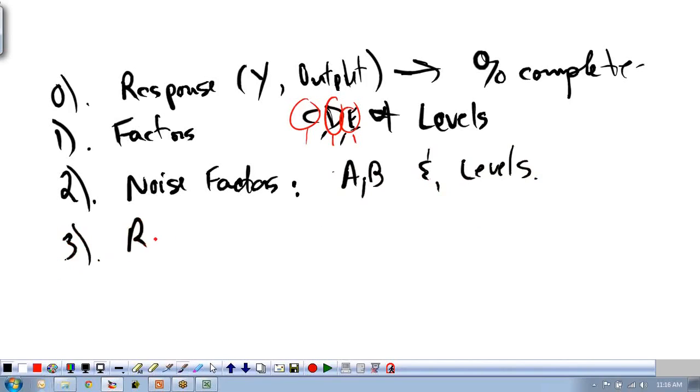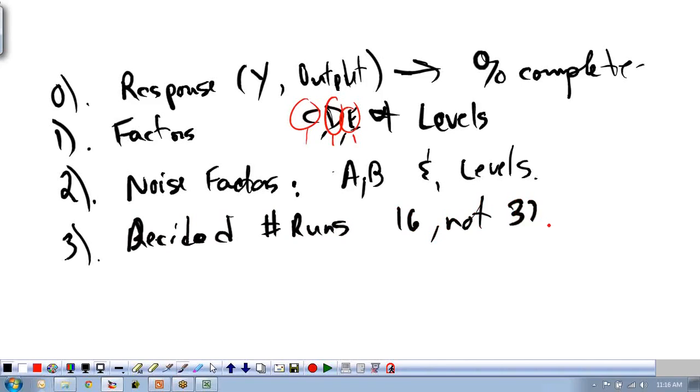Then we ran the experiment. We decided the number of runs. Remember we said 16, not 32. Why not 32? Well, because we thought we could save some money by running 16. I'll show you what our thinking is as we go through a little bit later. Okay, and then we ran it.